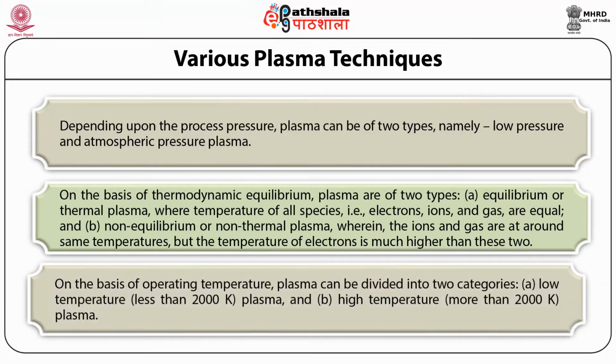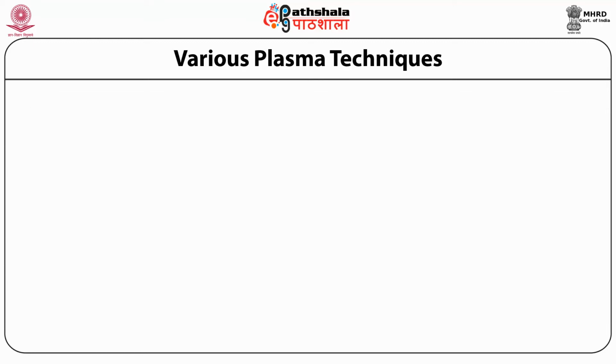On the basis of operating temperature, plasma can be divided into two categories. A. Low temperature, which is less than 2000 Kelvin plasma, and B. High temperature, that is more than 2000 Kelvin plasma.